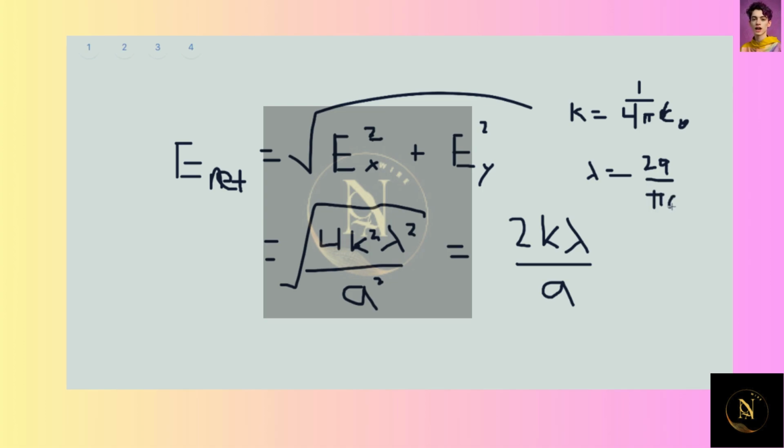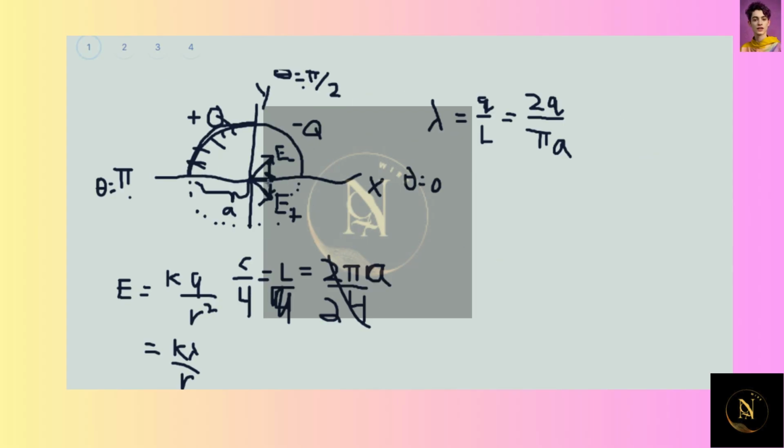So you can plug those in and simplify this net electric field. So this is our answer here. And that direction is going to be positive, right? Because as we could see from this picture, we'll have positive contribution from the left and then negative contribution from the right. And so this is our vector here. So that's our magnitude and direction.